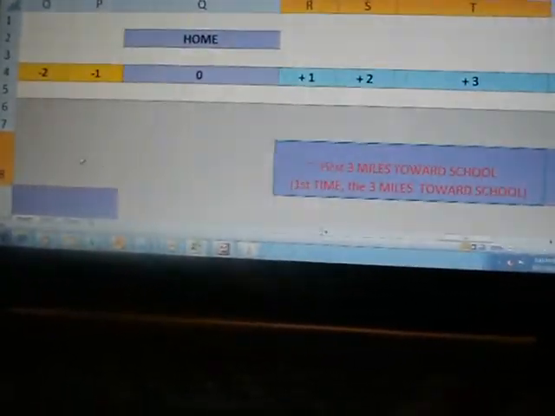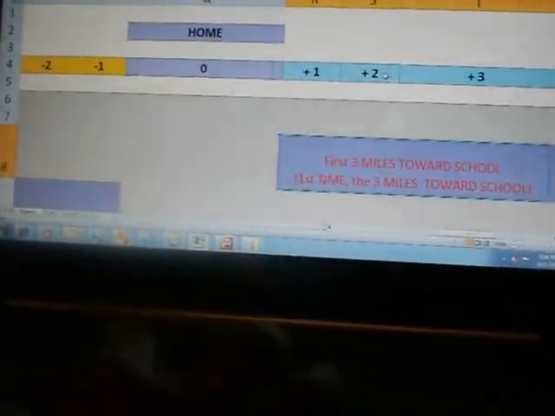So if you do that, say first 3 miles, plus 3, you are traveling towards school, then you will land at plus 3 from home, that is 3 miles away from home. In other words, the first time, the 3 miles towards school will make you reach plus 3.